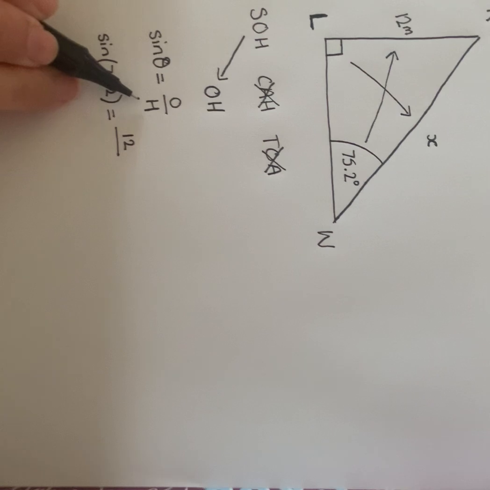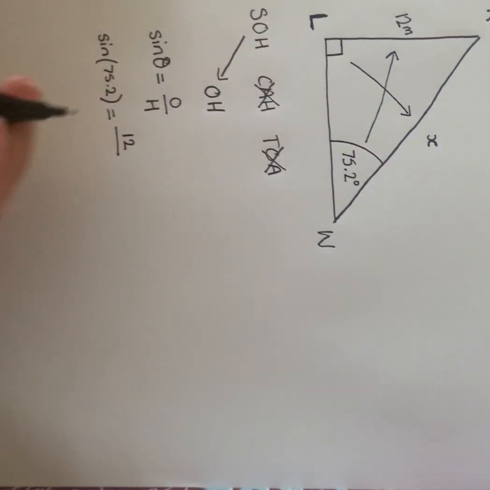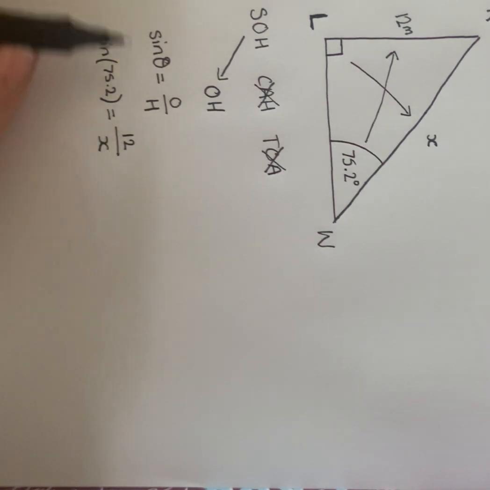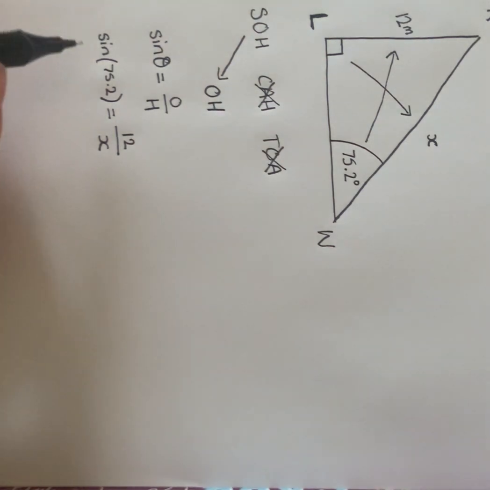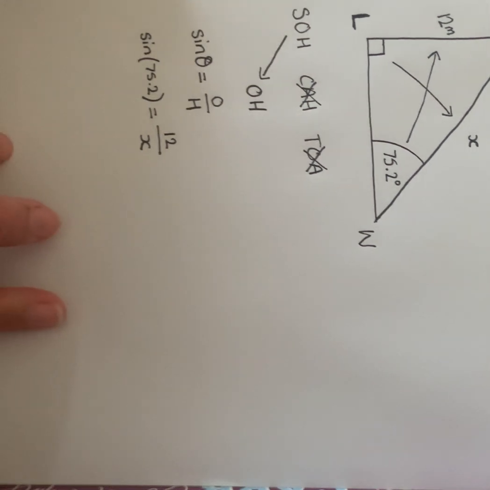And our hypotenuse, well, we don't actually know our hypotenuse, but we can call it X because that's what we're trying to find. So now we've got an equation and it only has one unknown. And remember this sine 75.2, that's just going to be some number. So that's as if we had a number on this side. It's not an unknown. We can put it into the calculator and work out what it is.